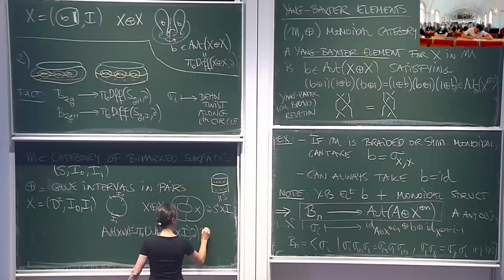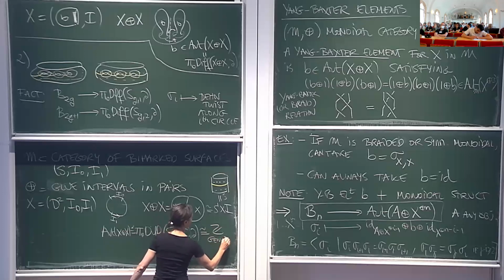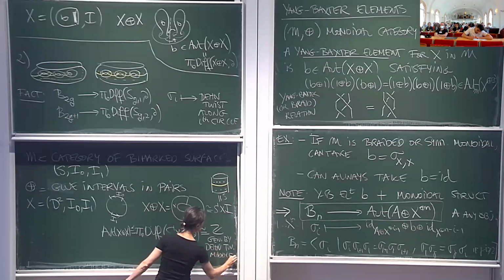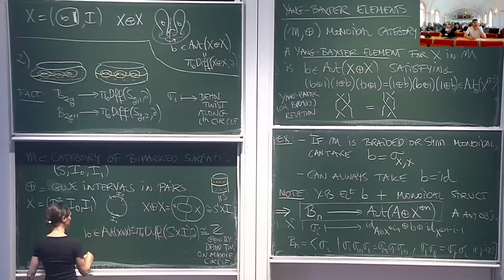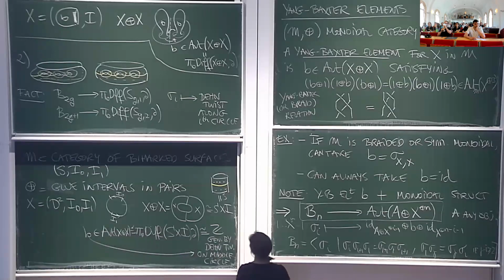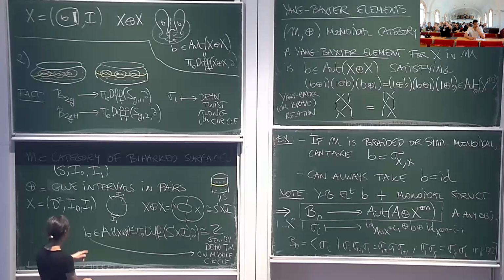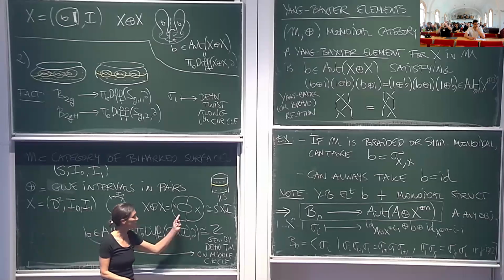So this is isomorphic to Z, and this is generated by the Dehn twist on this middle circle. Okay, and I'm going to take B in here to be a generator. Oh, its inverse if I have to be honest, but you won't see the difference. So that's at least an element in here.